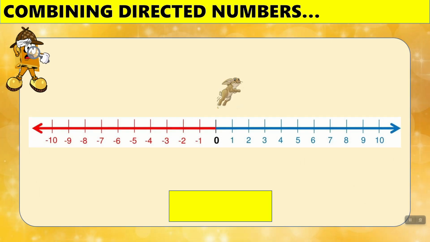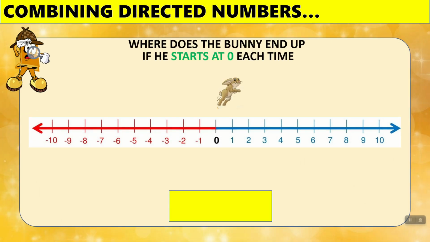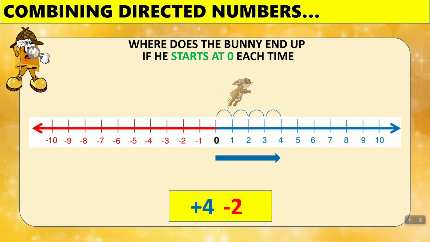So let's pretend this rabbit starts at 0. Where does he end up if he starts at 0 each time and we follow these numbers? Plus 4 and then minus 2. The first number of plus 4 means we go in the direction to the right 4 times. And so let's make the bunny hop 1, 2, 3, 4 times in the right direction, and we land at positive 4. But the next number is minus 2.